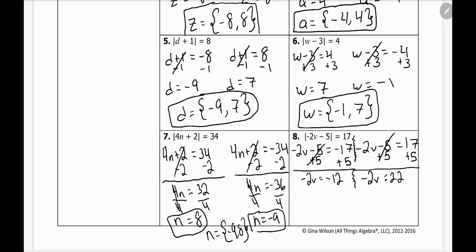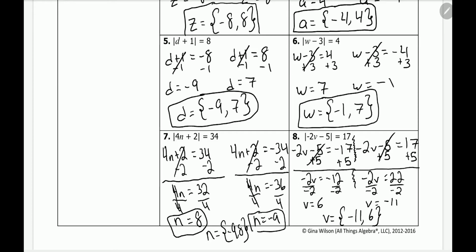Now in order to solve for v, we have to divide by negative 2 on both sides. So we have v is equal to negative 12 divided by negative 2 is positive 6. V is equal to 22 divided by negative 2 is negative 11. So our solution set should be negative 11, comma 6.